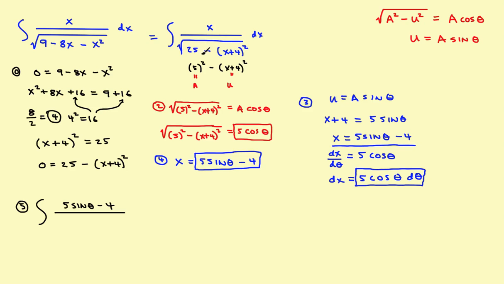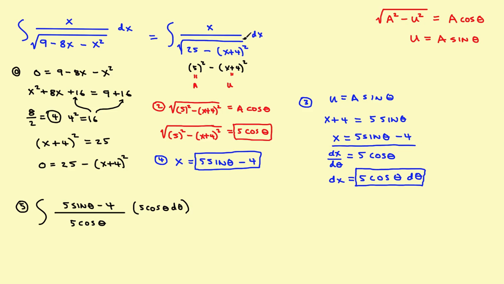The square root is equal to 5 times the cosine of theta. So this will be 5 times the cosine of theta. Then dx is equal to 5 times the cosine of theta d theta. So this will be 5 times the cosine of theta d theta.